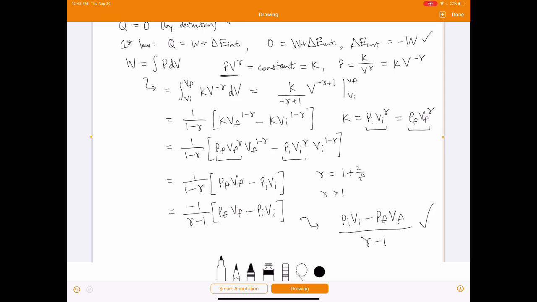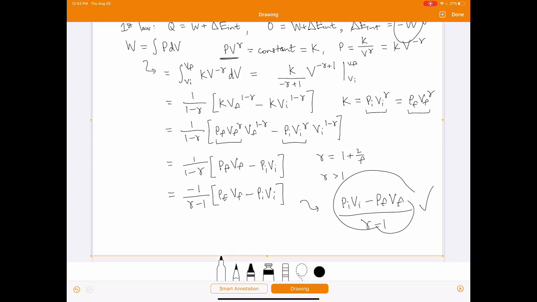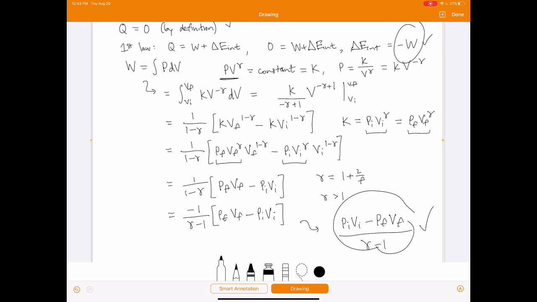That's the work. Again, internal energy change is just negative work, which again we just found the expression for, and Q is equal to 0. So these are all the different things we might want to know about an adiabatic process in terms of the energy.